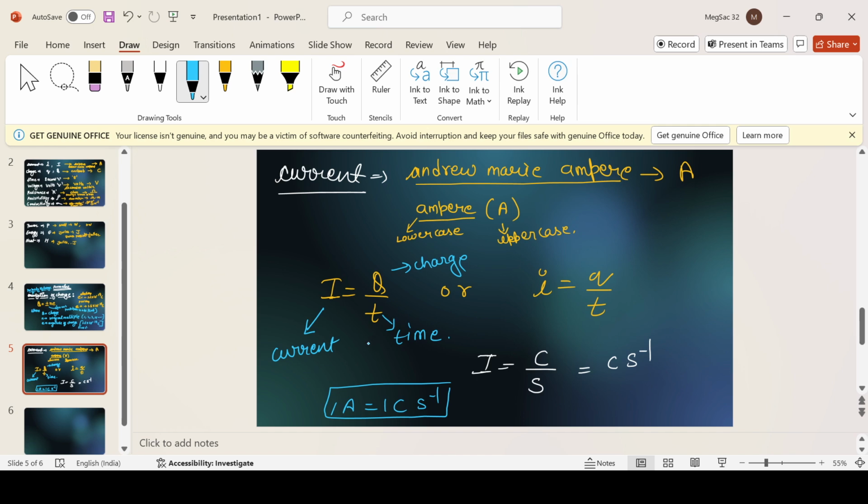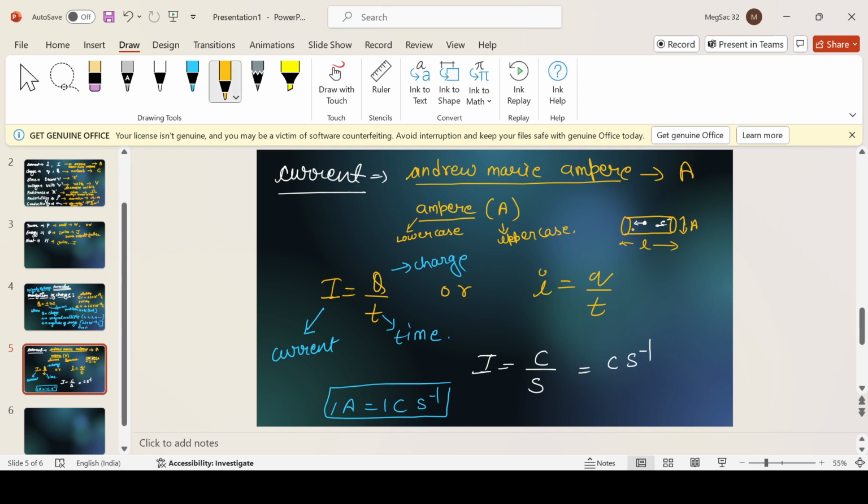So basically what does it mean? It means if you have any conductor like this, having cross-sectional area A and length L, we don't have to go through that part, and the charges are flowing in this direction and electrons in the opposite direction.